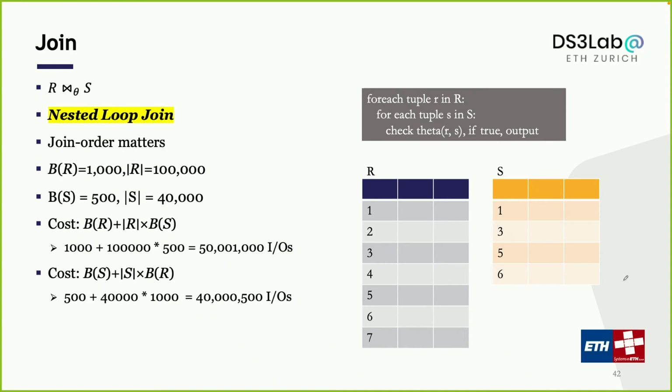Later on, we are going to bring this value down to maybe a couple thousand. But for this case, we go from 50 million IOs all the way down to 40 million. It's pretty significant. Even by just changing the join order of a join, using the same algorithm, you can be much, much faster. It's still not fast enough, but it's faster.